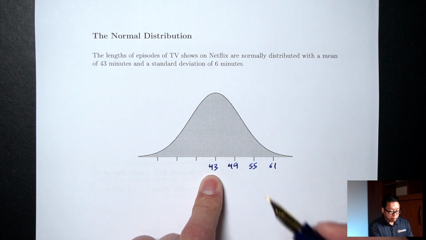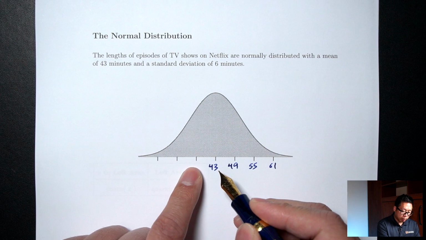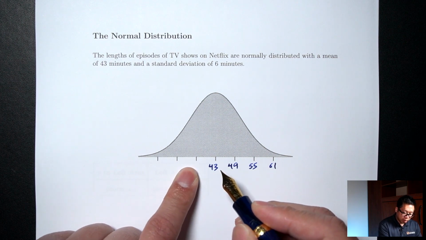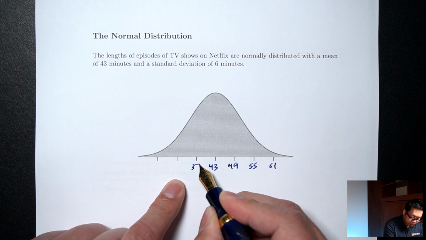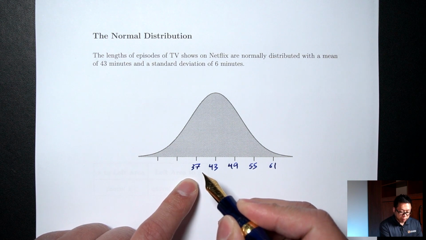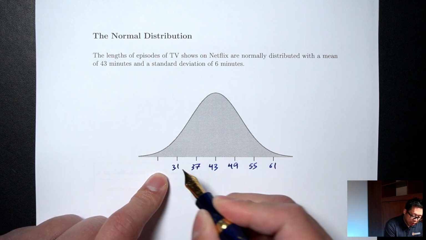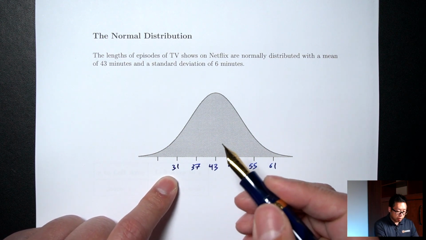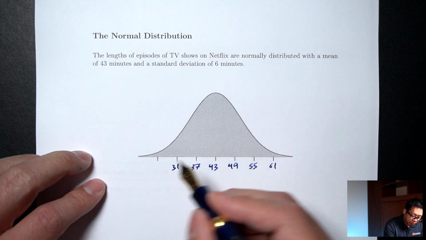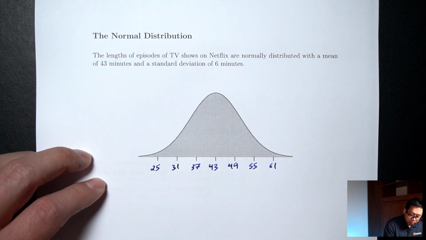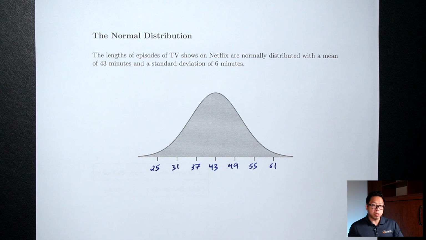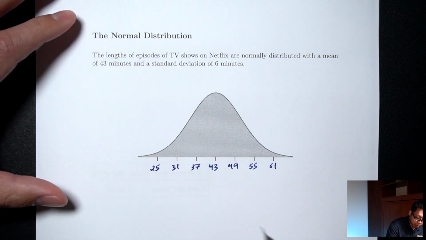Going the other direction, subtract 43 minus the standard deviation, 43 minus 6, that's 37. Minus the standard deviation again, that's 31. And then minus the standard deviation one last time, minus 6 one last time, 25. And what the empirical rule says is between 1 up, 1 down is 68% of the data.